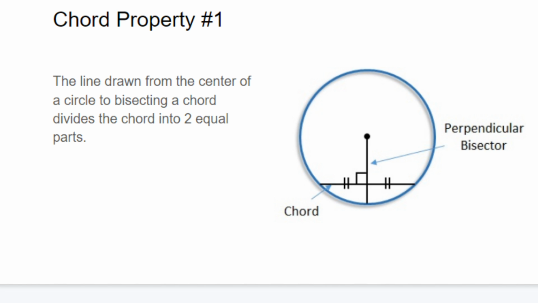Okay, and that's kind of important. It's a little non-intuitive when things are at angles because it tricks your eyes a little bit. But remember, if it's coming from the center and it's a perpendicular bisector to a chord, it's going to split it into two equal parts.